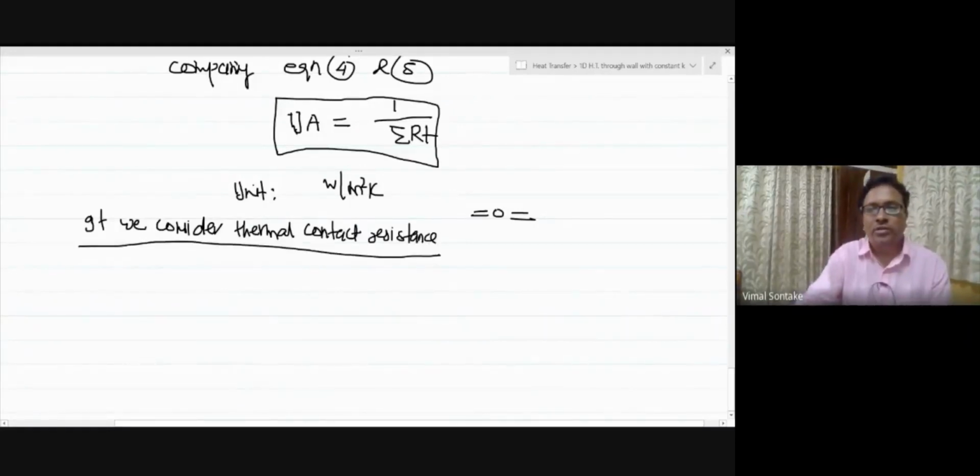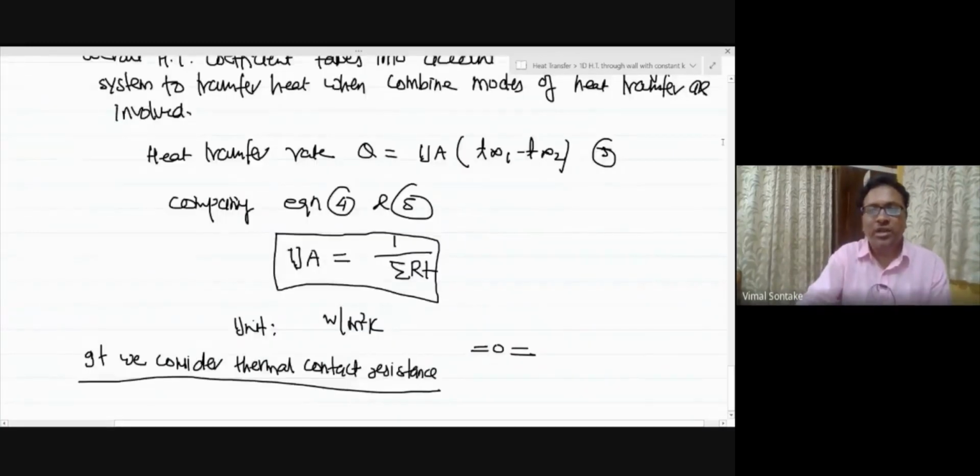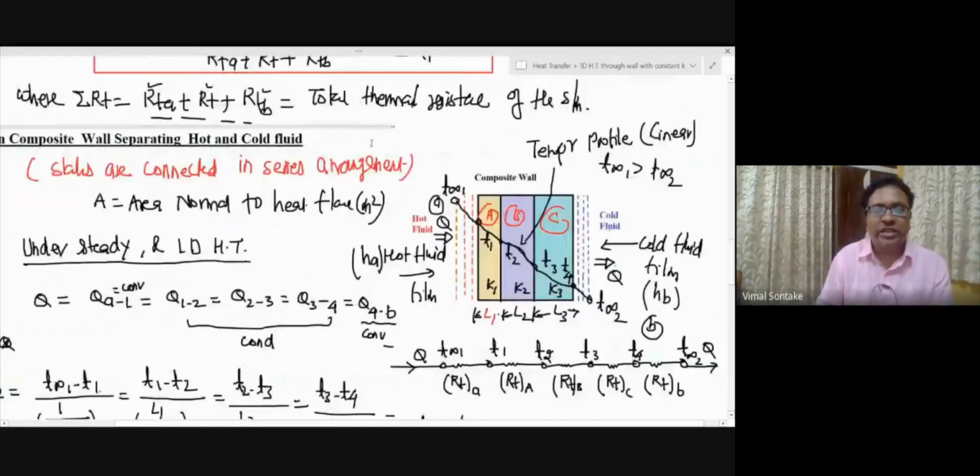So let us refer to this composite wall system. Here, as you can see, the composite wall is made up of 3 materials, A, B, and C, and there are 2 interfaces. One is interface AB and another is interface BC.